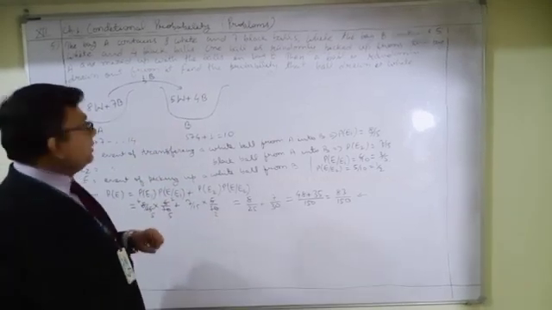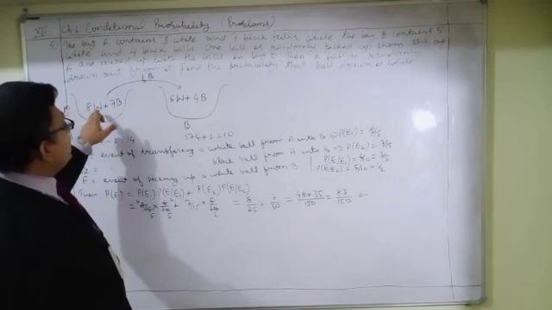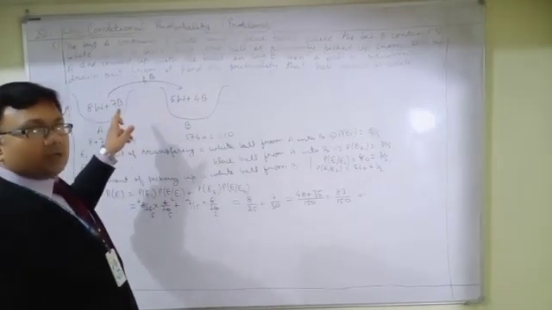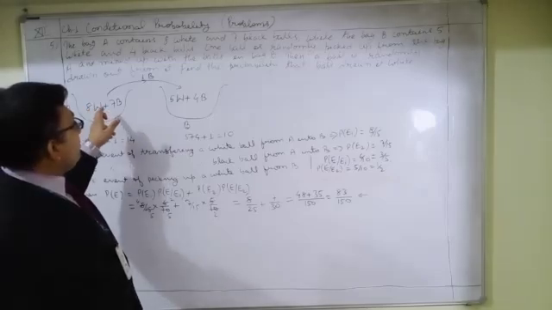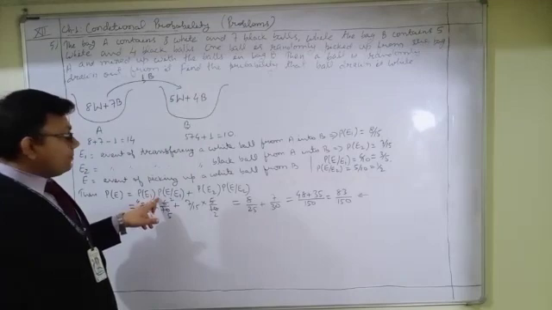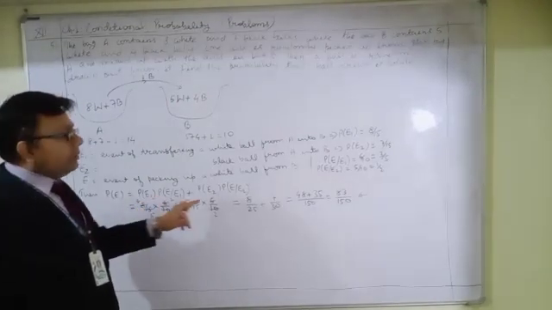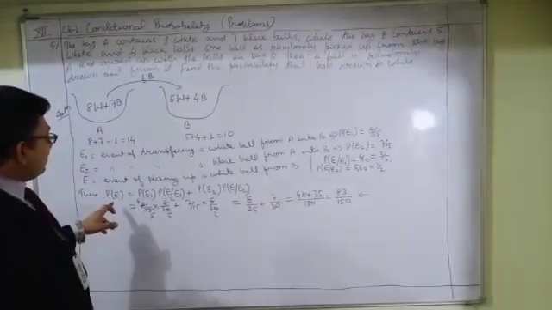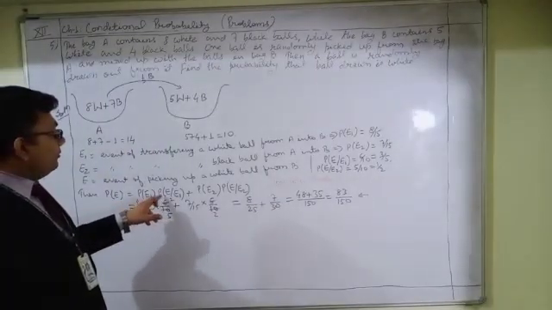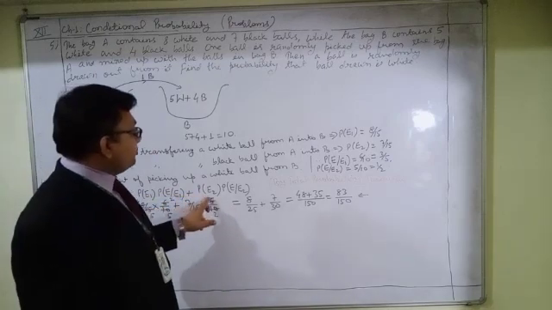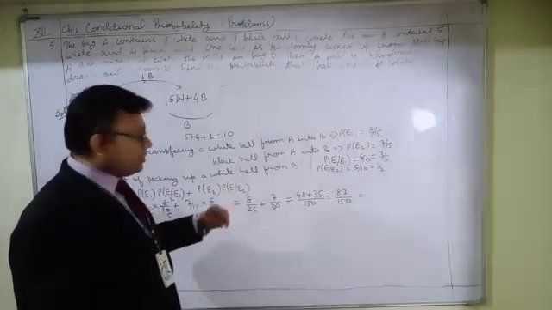In one condition, a white ball is shifted from bag A to bag B, and in the other condition, a black ball is shifted from bag A to bag B. So obviously at this place we can apply the total probability theorem. Under it we can write probability of E is equal to probability of E1 into probability of E slash E1 plus probability of E2 into probability of E slash E2.